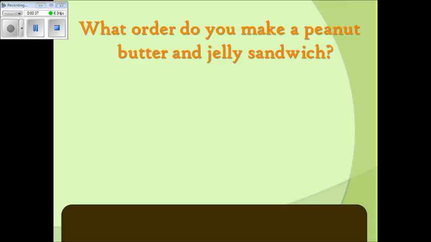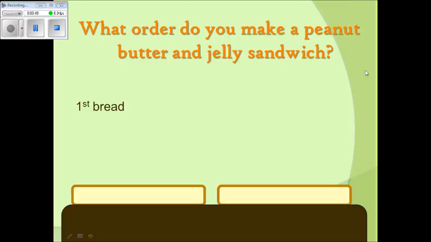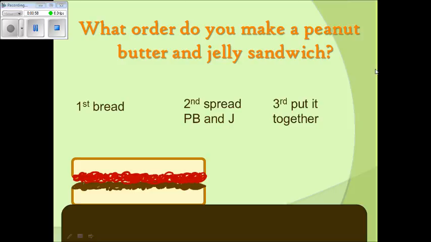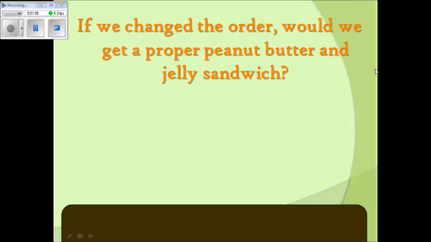For example, a recipe. Sometimes order doesn't matter. But when you're making a peanut butter and jelly sandwich, it really does. First, you need to put the bread down. Then you need to spread peanut butter and jelly. Then you need to put your sandwich together. That order is really important.